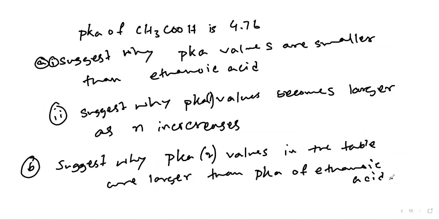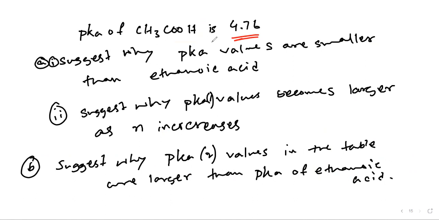Now let's get to the question. The question states that the pK value of CH3COOH, which is ethanoic acid, is 4.76. Suggest why the pK1 values, which are the stage one pKa values, are smaller than the value for ethanoic acid.